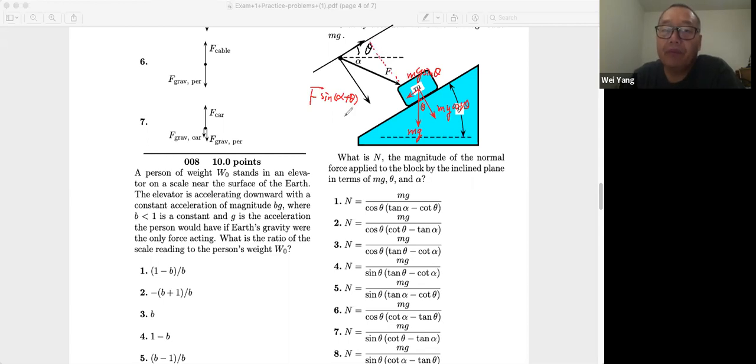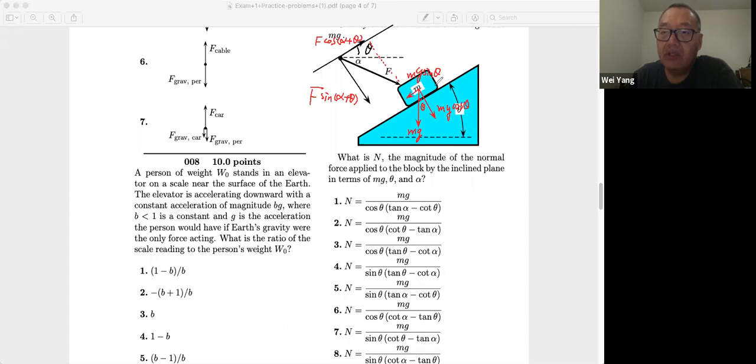Now this parallel component will be F times cosine alpha plus theta.